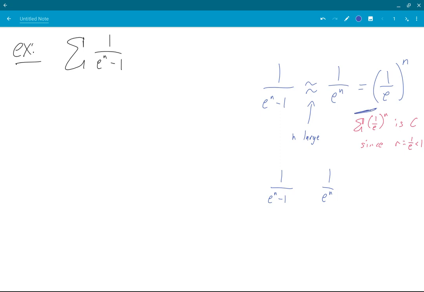So if I want to use the comparison test to prove that something is convergent, then I better find something bigger that is convergent. But unfortunately, in this case, the inequality goes the other way here.